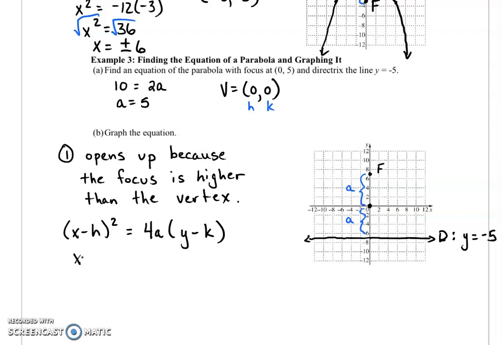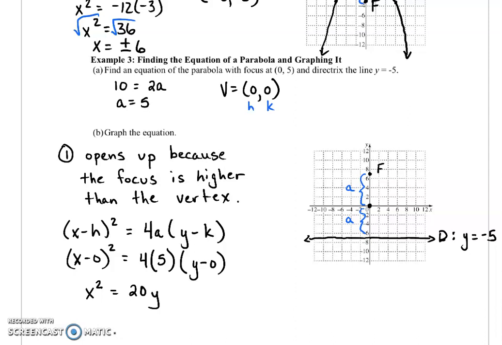So we have x minus 0 squared equals 4 times 5, because a was 5, we figured that out up above, and then y minus 0. Cleaning that all up, we get x squared equals 20y.